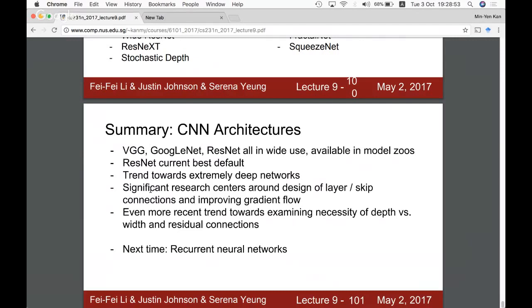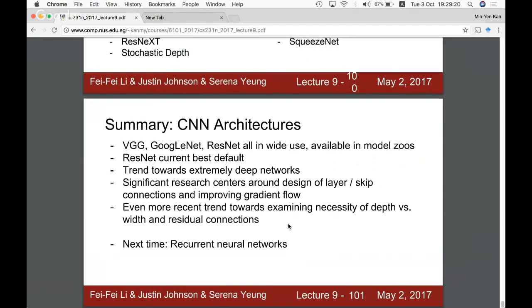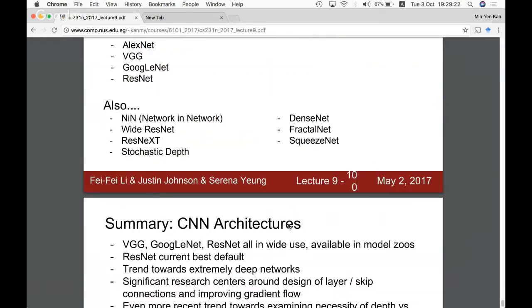At the same time, there is research going on around skipping layers or connections, and improving the gradient flow between the shallow and deep layers of the network. There is also a trend which examines the necessity of depth versus width, which we saw in the residual connections. Like, do we need residual connections or not? Yeah, so that's basically it.